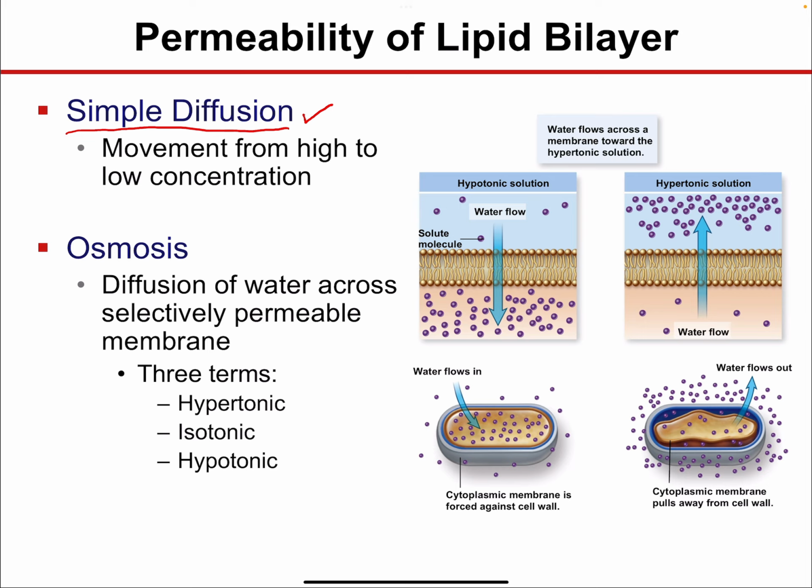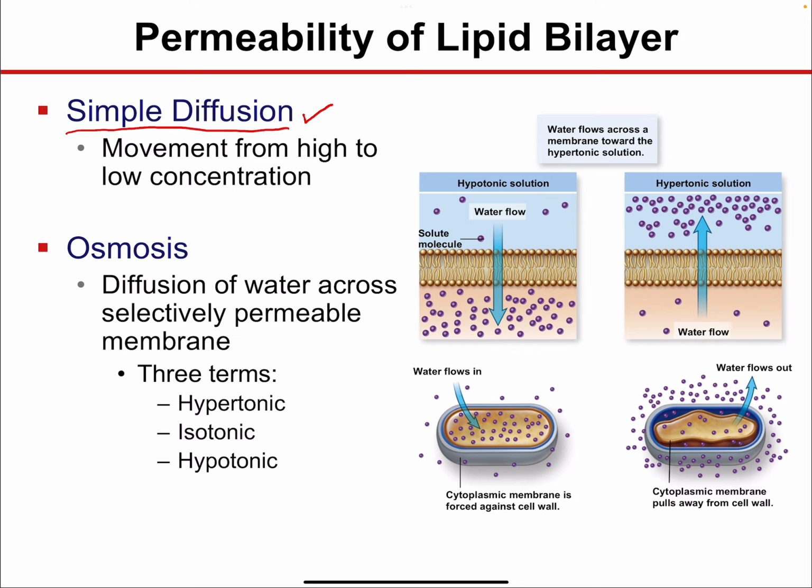But we know that water can also cross the plasma membrane. Two, we also know that some chemicals such as salts, sugars, amino acids, ATP, macromolecules cannot cross the plasma membrane freely.